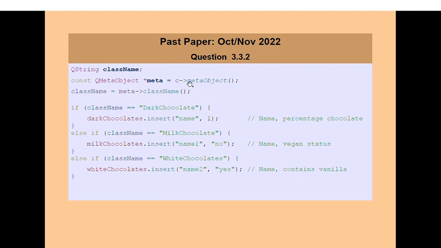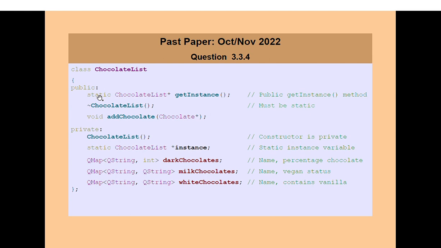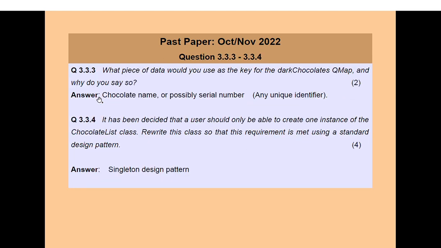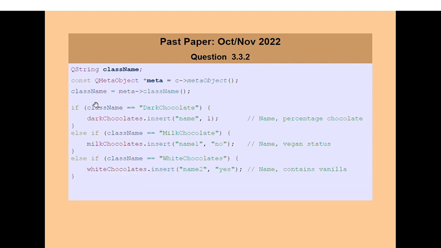That's on the c, the pointer to your chocolate object, which inherits QObject. And then you can get the class name by calling the className method of the QMetaObject. Bear in mind you can actually just chain the className onto the end of the metaObject call there.